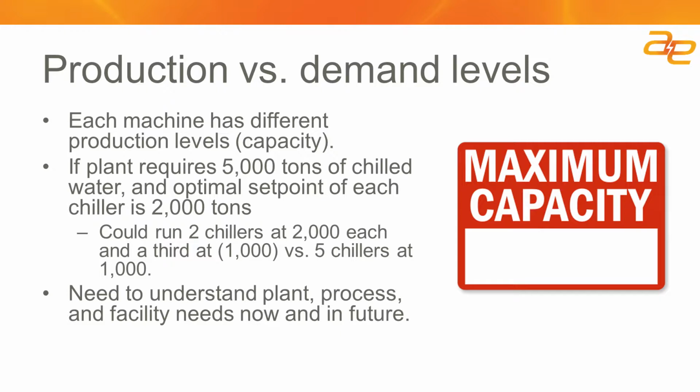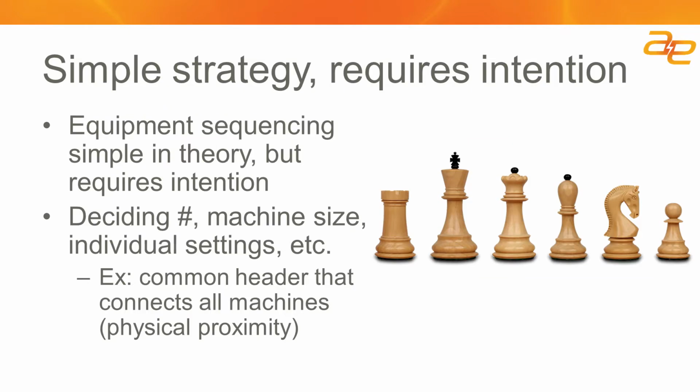And part of that is due to a little bit of the challenge associated with implementing equipment sequencing within an older facility. The strategy, in theory, is pretty simple, but it does require intention, and it does also require instrumentation in order to implement. And this is one of the challenges associated with retrofit.